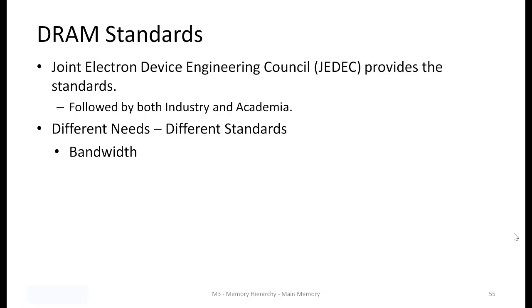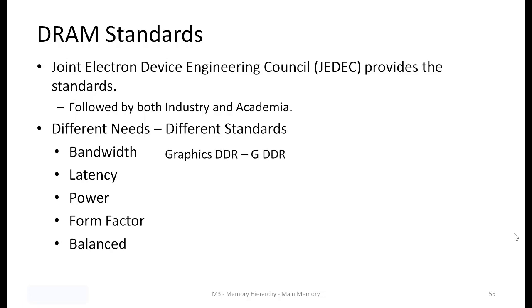For a bandwidth optimized setup, or for a latency optimized setup, or a power optimized setup, or the form factor can be a decision factor, or we would need a DRAM which is balanced in all of them. So for bandwidth optimized implementations, we have what's called graphics DDR, GDDR.